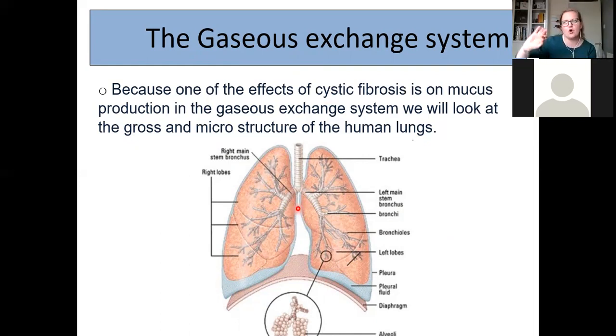Individual bronchi is a bronchus, so that's the plural, and that's the difference between the plural and the singular. Bronchi is plural, bronchus is singular. Then we have our bronchioles, which are our next strand off. Then we go down to the alveoli.